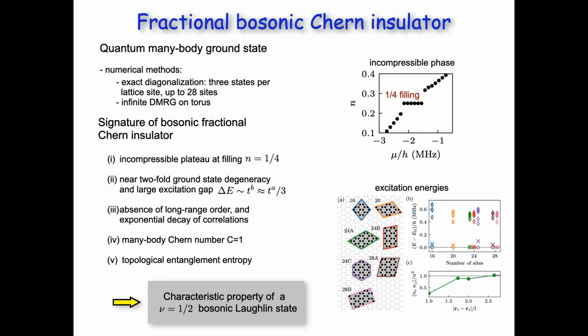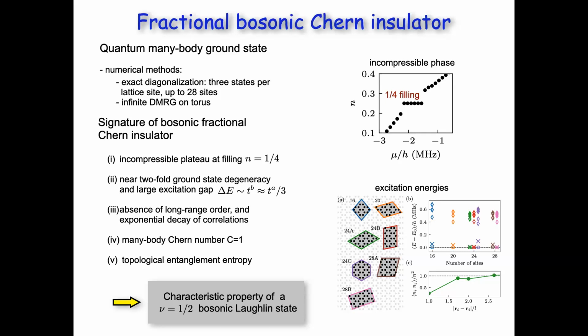So the numerical tools to demonstrate that there is a fractional Chern insulator are exact realizations. We need to keep all 3 excitations on the lattice side. So we can only go up to 28 lattice sites for exact diagonalization. And we performed infinite DMRG on a torus. So the first signature is that there is at 1/4 filling an incompressible plateau done by DMRG, which tells us that there is a gapped state appearing at the fractional filling.